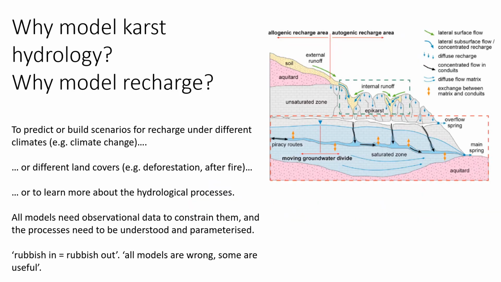And that's one of the reasons why you might want to model karst hydrology, or why you might want to model recharge. You might want to be able to predict or build scenarios for recharge under different climates. For example, future climate change.